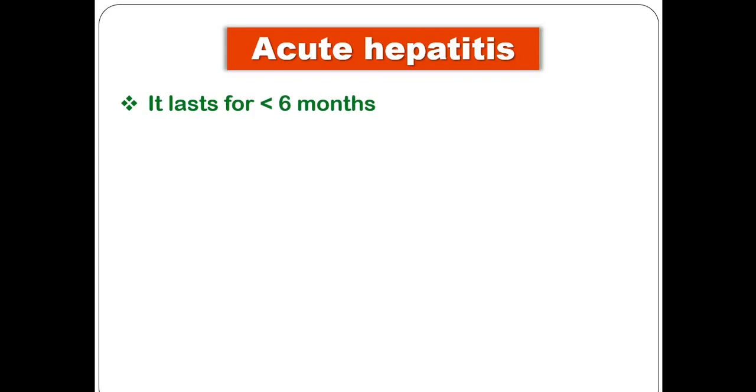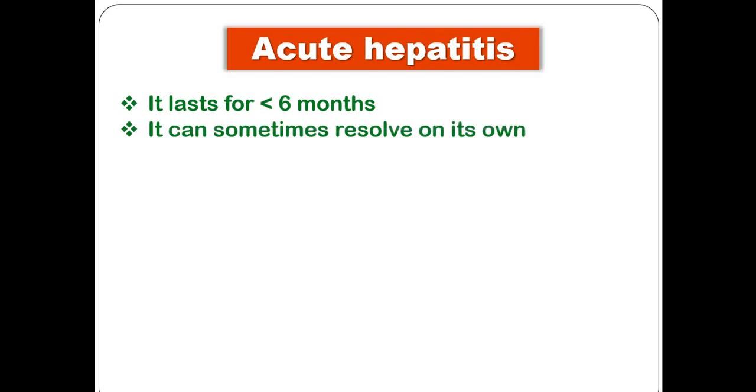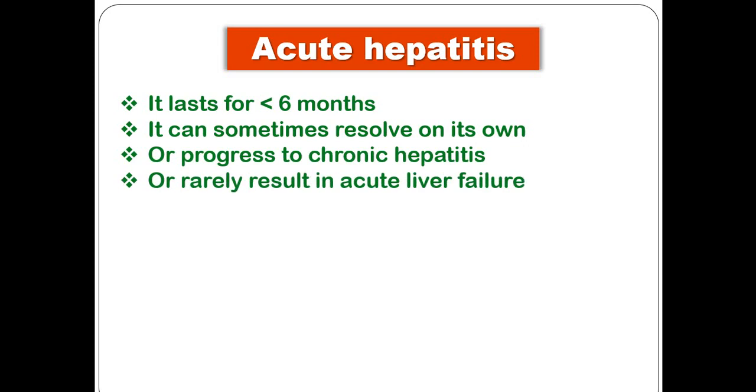So acute hepatitis is hepatitis that lasts for less than 6 months, and it can resolve on its own, so it could be self-limited, or it may progress to chronic hepatitis, or sometimes rarely result in acute liver failure.